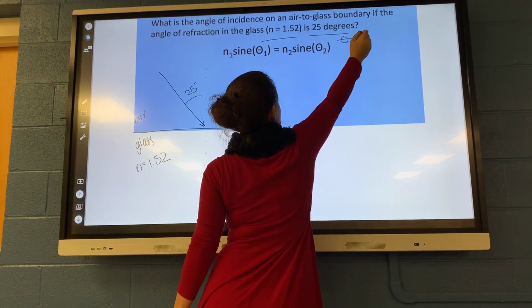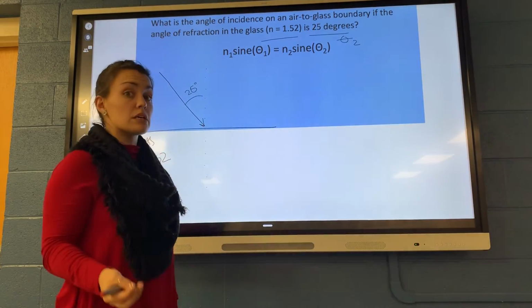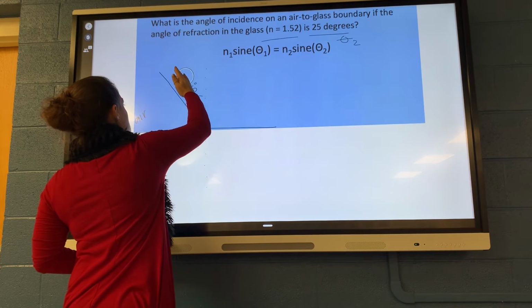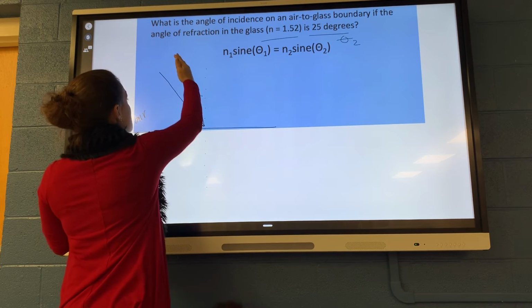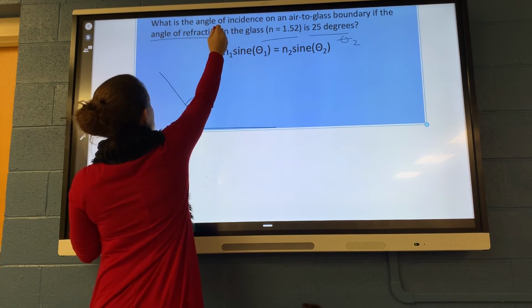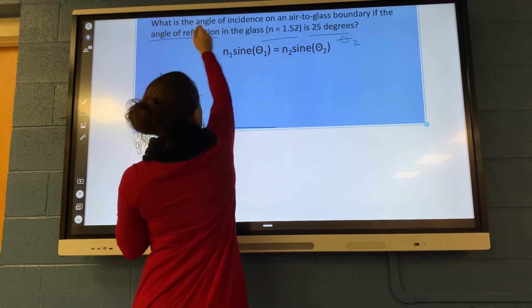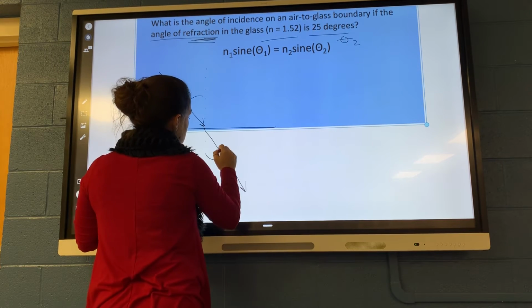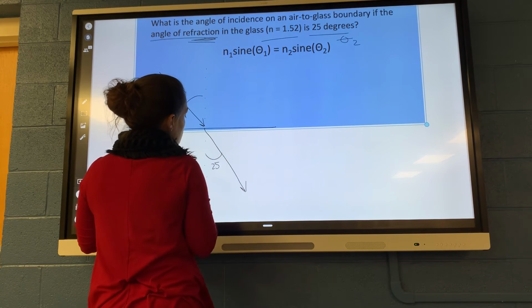I'm sorry, I wrote this in the wrong spot. It gave me the angle of refraction, right? That means it's telling me that this is my angle of refraction, 25 degrees.